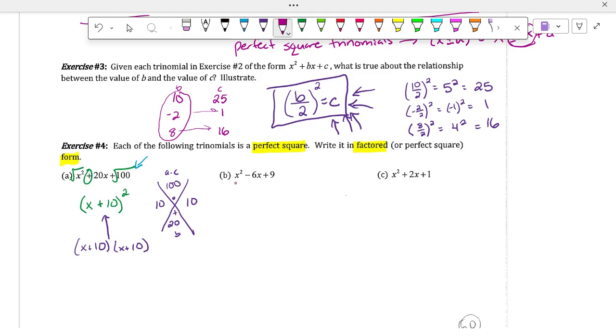So if I do this for the letter B, square root of x squared is x, square root of 9 is 3, and I want to keep the second sign, so that's a minus, and then I'm going to square it all. Last one, square root, and keep that sign, so this will be x plus 1 all squared.